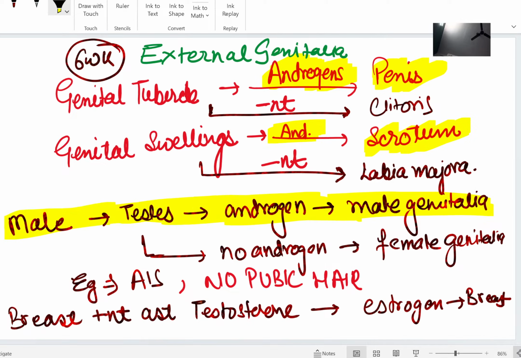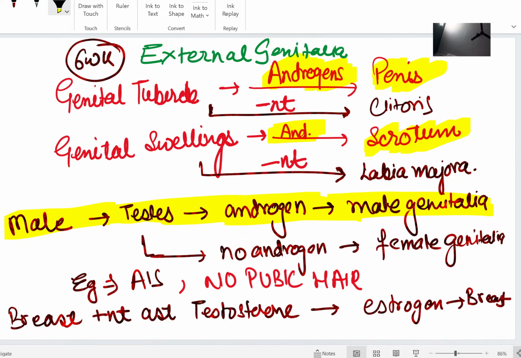Now, if due to any problem there is no androgen, then what will happen? If due to any problem there is no androgen, then in this male there will be formed female genitalia.